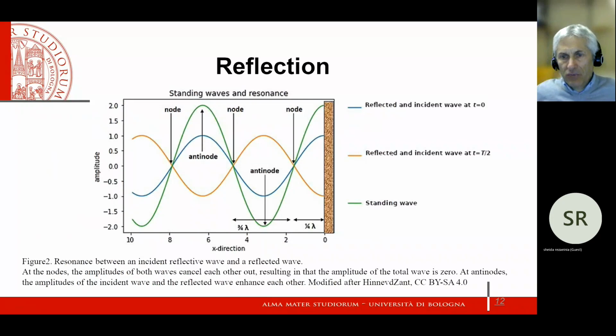We have an incoming wave, or incident wave, which is the blue one, which gets from the mouth, which is open on the left, against the head, which is a wall on the right. And the wave back, the reflected wave, is precisely equivalent, it's specular to the incoming one.